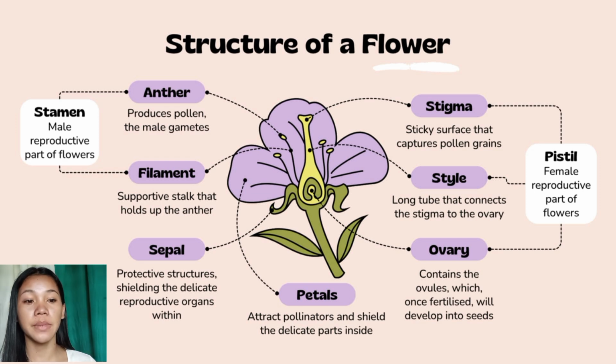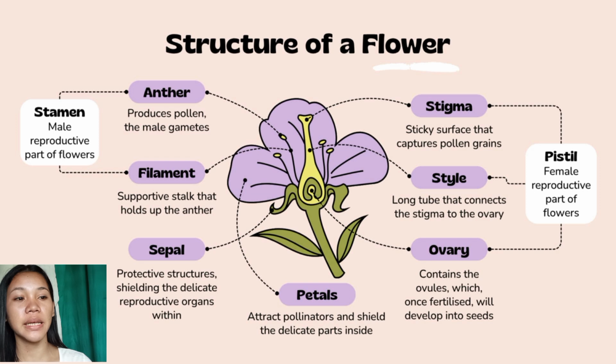Next we have the petals, which attract pollinators and shield the delicate parts inside. Next we have the stigma, a sticky surface that captures pollen grains. Next we have the style, a long tube that connects the stigma to the ovary. And next we have the ovary, which contains the ovules, which once fertilized will develop into seeds.